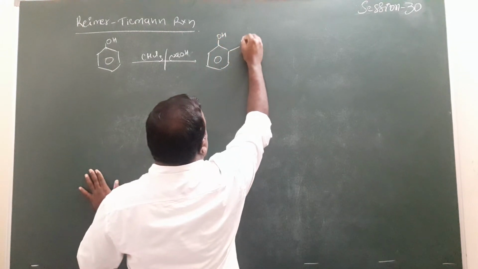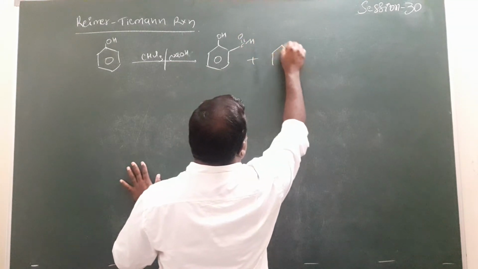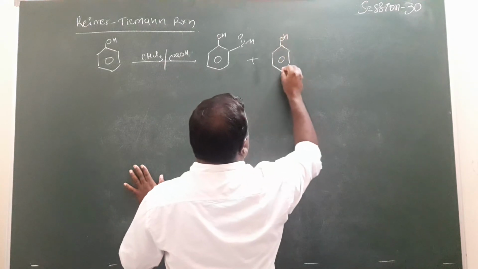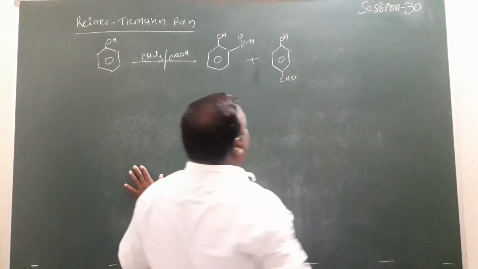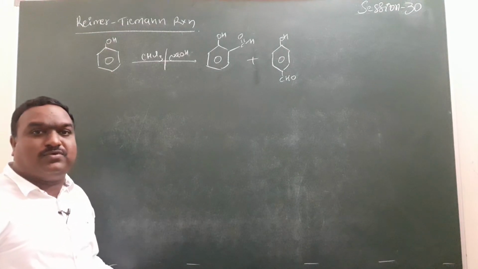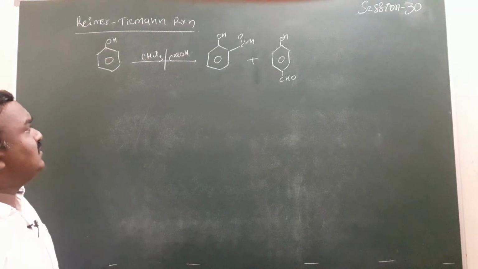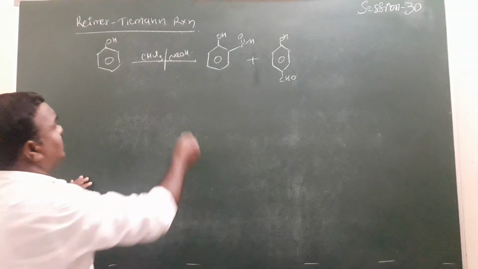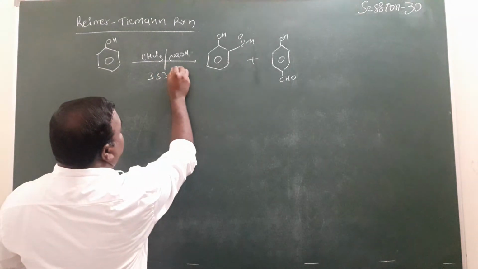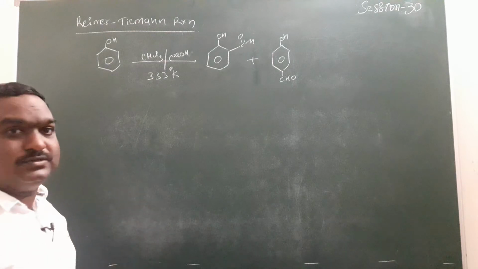Then C double bond H. Salicylaldehyde and para-hydroxy benzaldehyde are formed here. Para-hydroxy benzaldehyde is formed here. So this is the way to write that product. We have to apply 333 Kelvin temperature in this reaction.